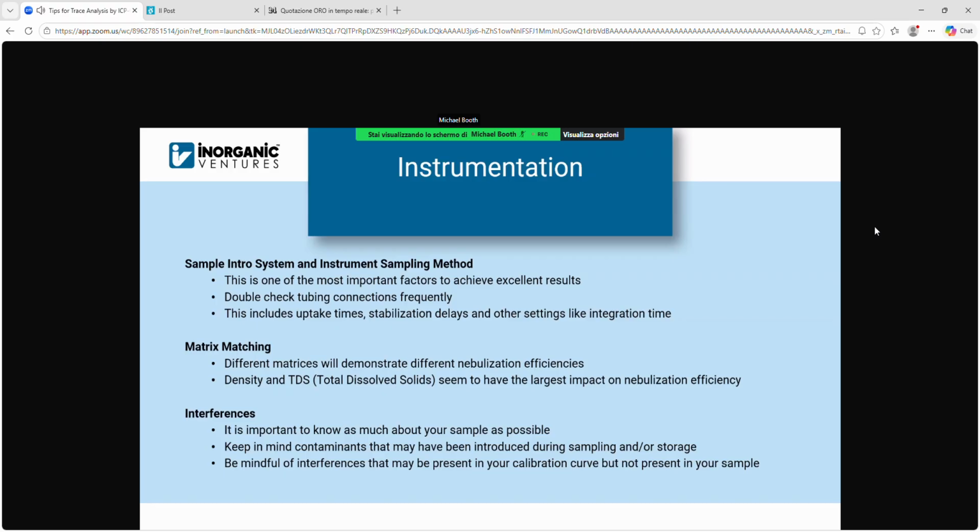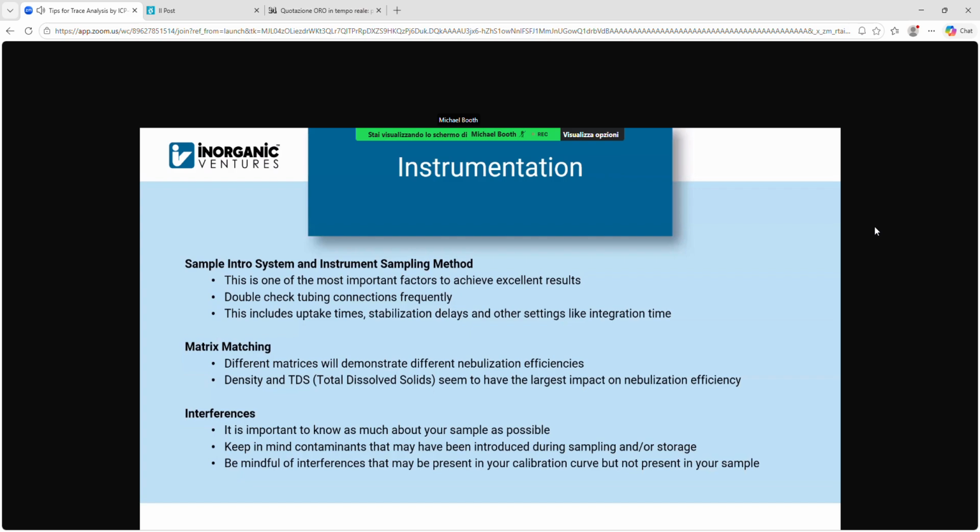Make sure it has reached the plasma by the time the uptake delay is finished. The stabilization delay in your instrument is when the sample is in the plasma and stabilizing for that whole period. So make sure you're watching all those things, because if your instrument timings are a little off, that can lead to issues with your percent RSDs.